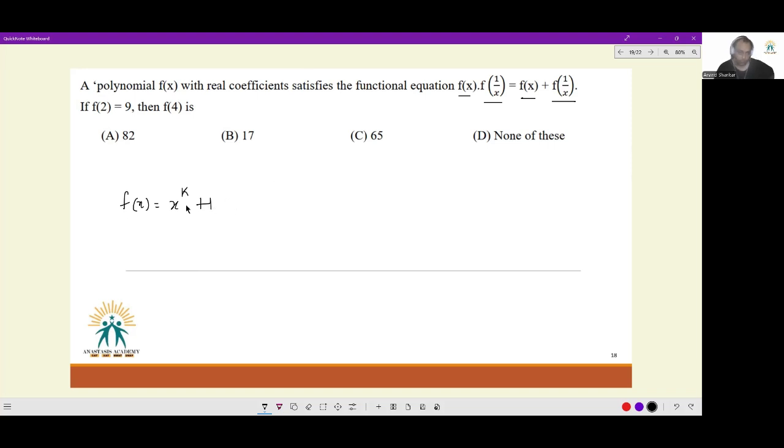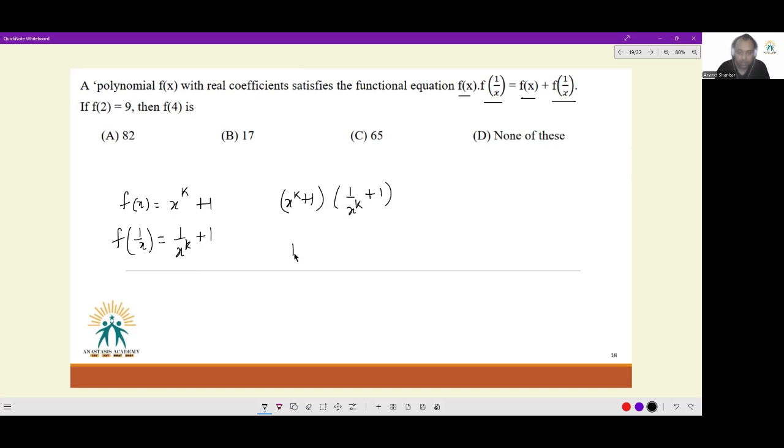Then what this enables us to get to, see, if f(x) is this, then f of 1 by x is equal to 1 by x raised to the power k plus 1. Why is this interesting? Because now if I multiply these two, x to the k plus 1 into 1 by x raised to the power k plus 1, multiply these two.